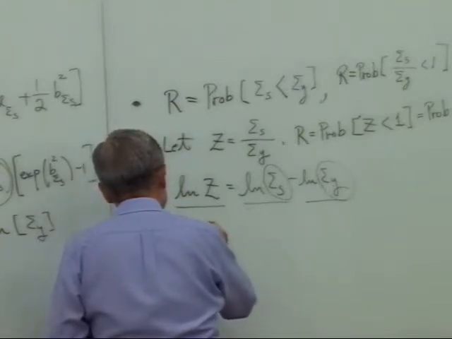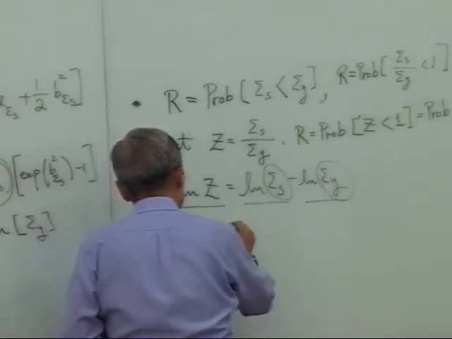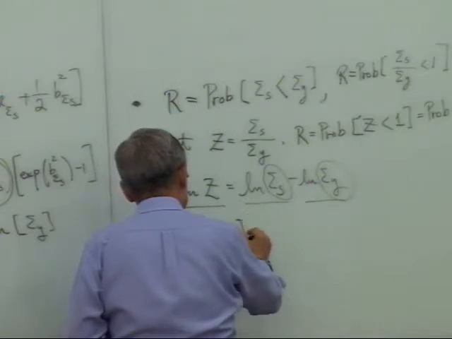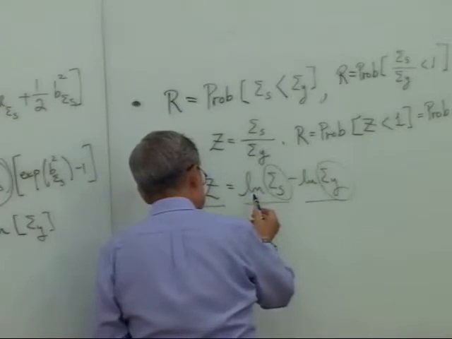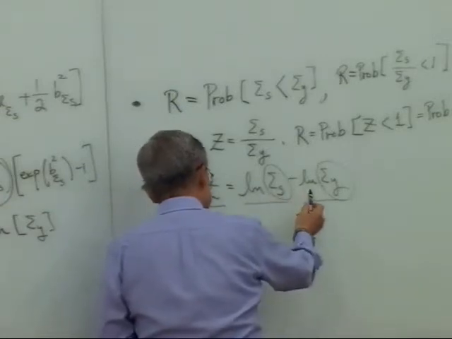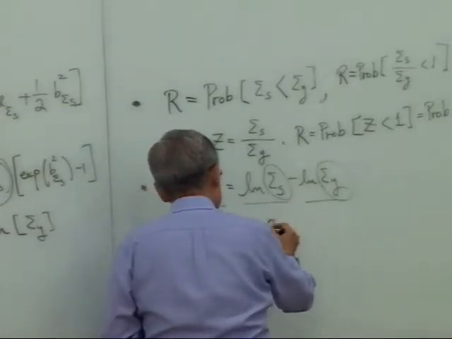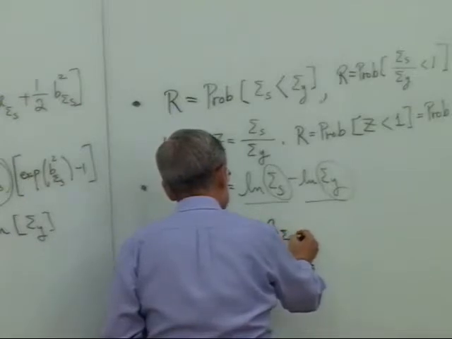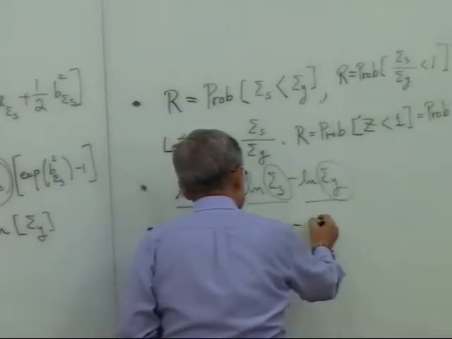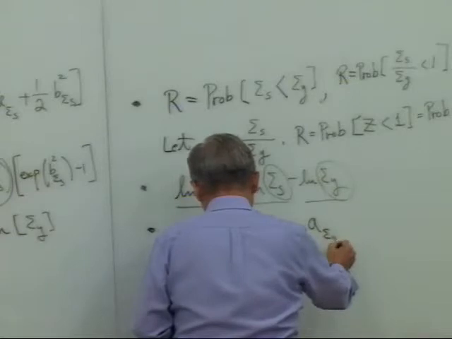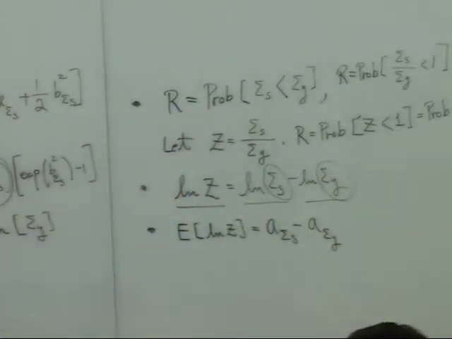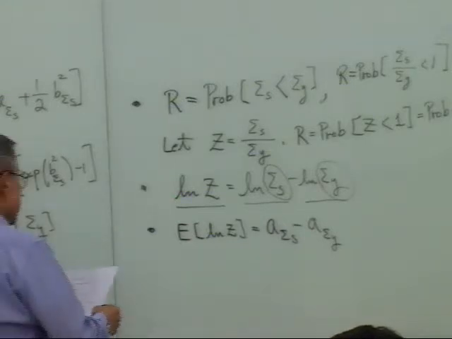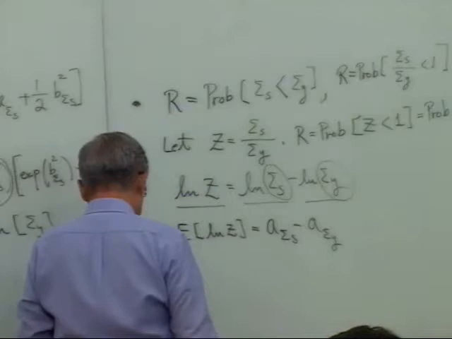The expected value of the natural log of Z, of course you have to take a mean, is equal to A sigma s minus A sigma y, as is shown here. So that's what you got.